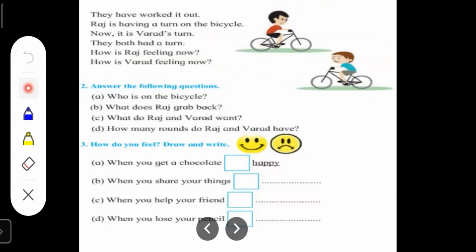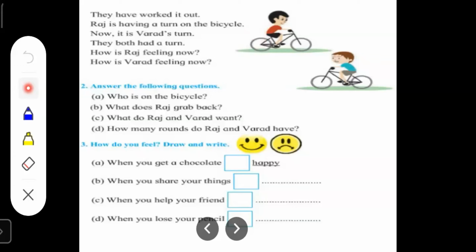Children, what we learn in this lesson is that we should not fight with our friends and we should share our things with our friends. And children, even if we fight sometimes with our friends, we should sit down and come to a solution. We should talk and come to a solution.